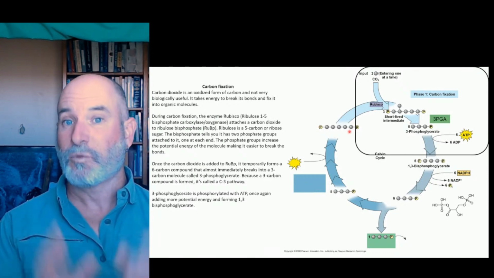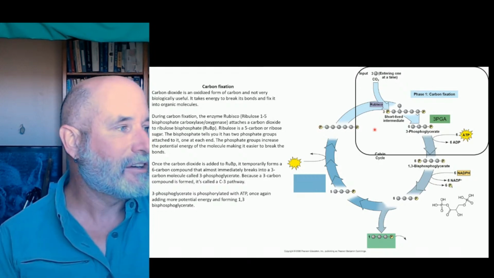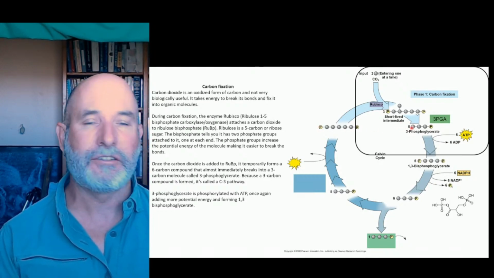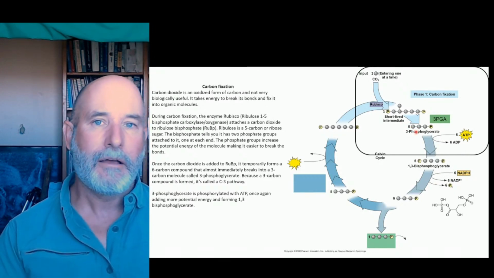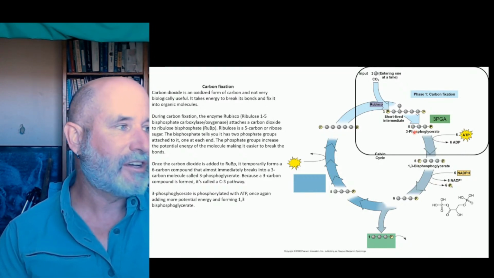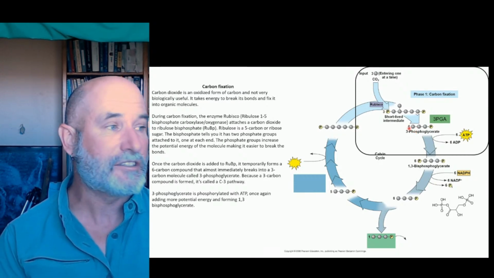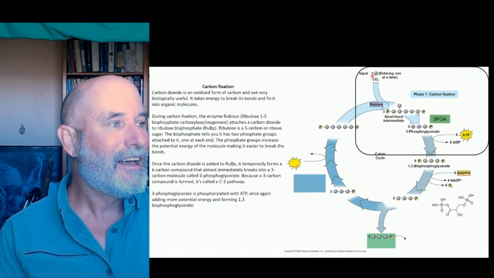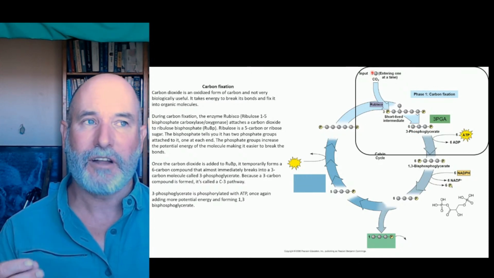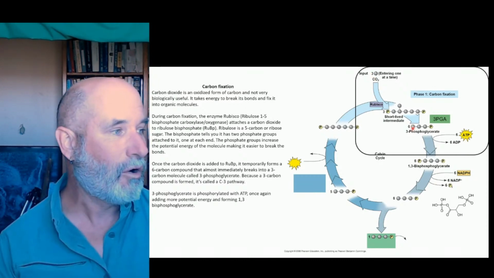This is a really unstable molecule that lasts for millionths of a second, and it quickly splits into 3-phosphoglycerate, or 3-PGA. The 3 tells you where the phosphate is. We start with 3 RuBPs, adding a carbon dioxide to each one. They split, so you get 6 of these total.